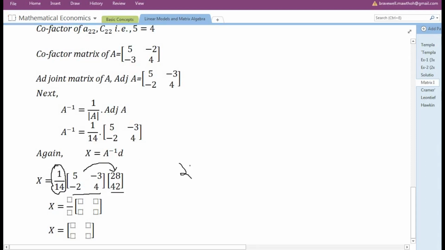The first matrix is of 2 by 2 order. The second matrix is of 2 by 1, that is 2 rows and 1 column. The number of columns in the first matrix is equal to the number of rows in the second matrix. So multiplication of these two matrices is possible, and the resulting matrix will have the dimension of 2 rows and 1 column.